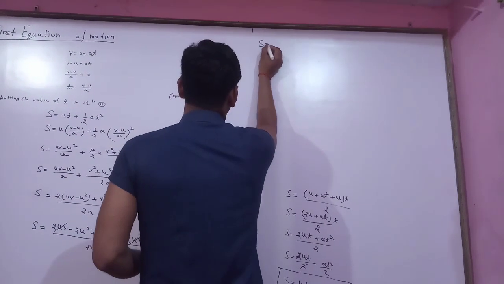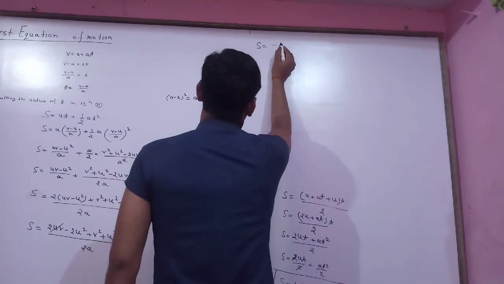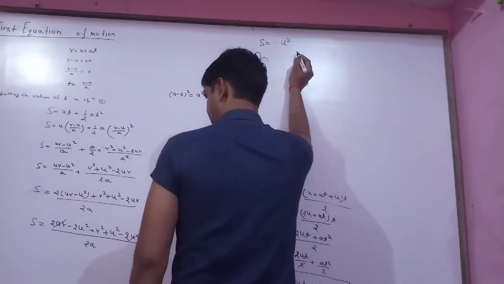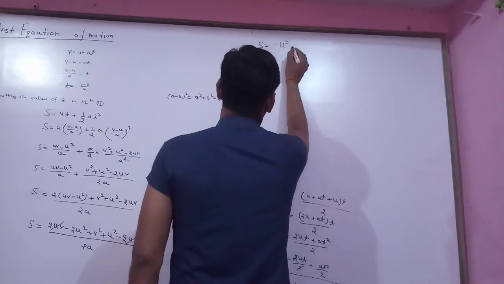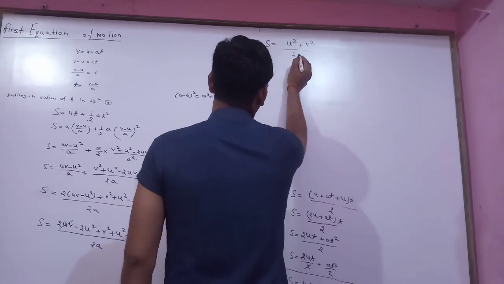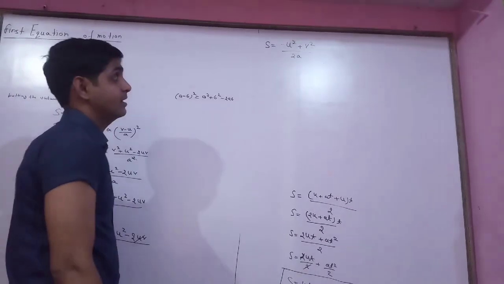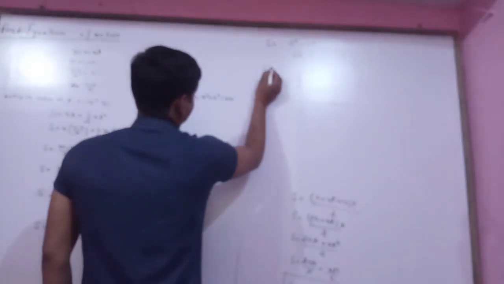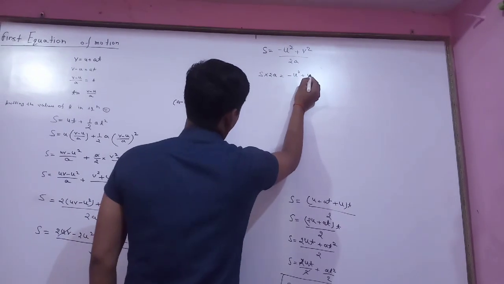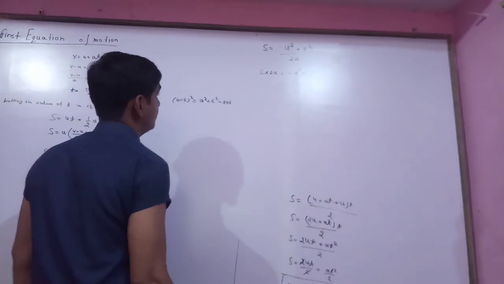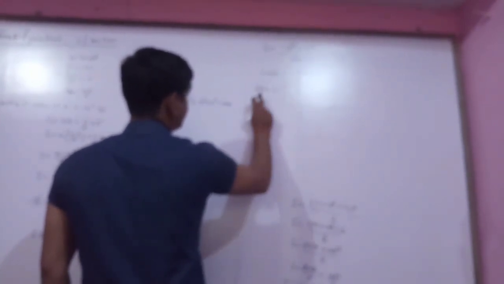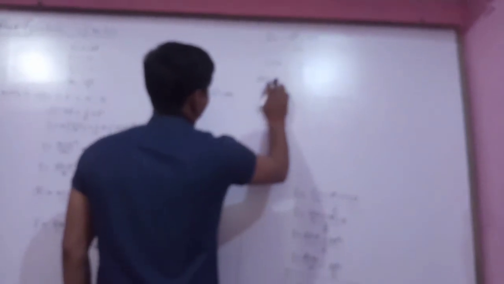So what remains is minus u square plus v square upon 2a. After cross multiplying, 2as is equal to v square minus u square.